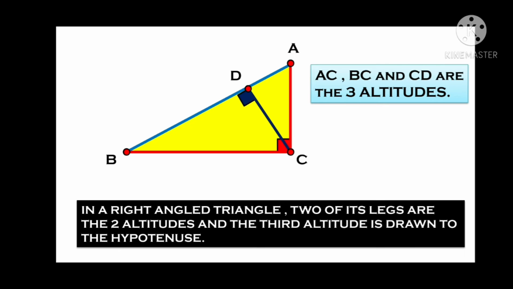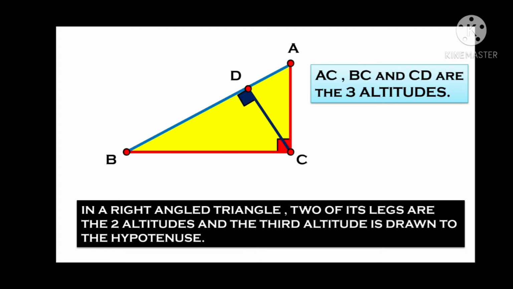So the legs are the altitudes of a right angle triangle, and the third altitude is drawn to the hypotenuse. Hypotenuse means the side opposite to the right angle, that is AB. So from C we are drawing a perpendicular to the hypotenuse. That will be our third altitude.